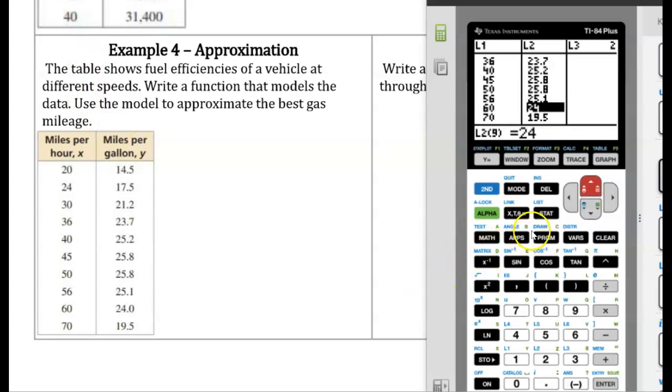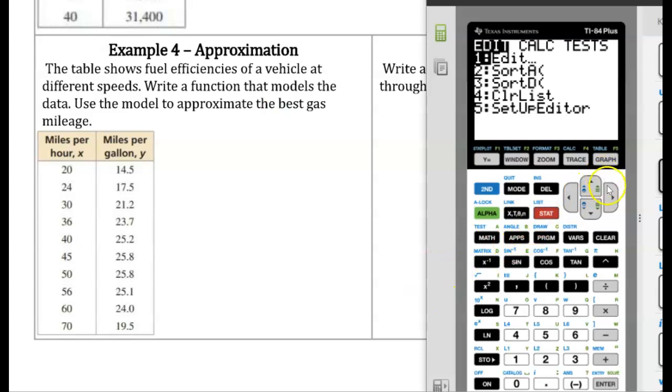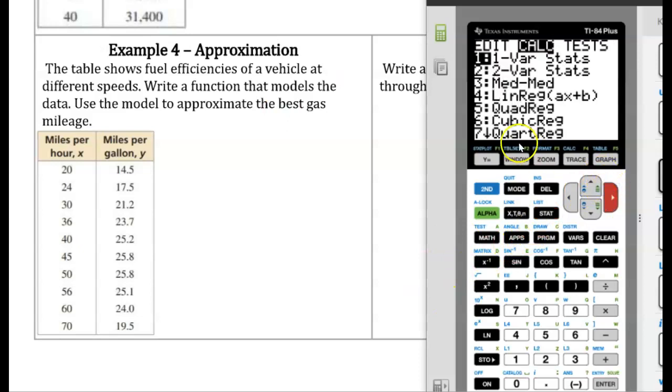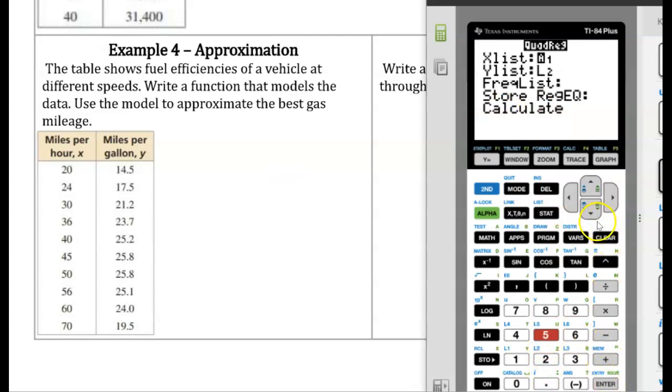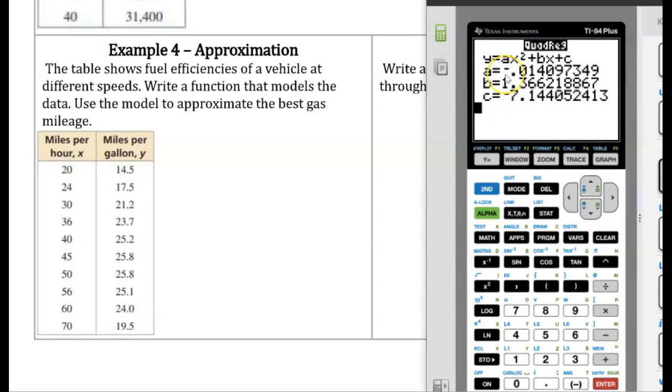Okay, I've got all my data in, so I'm going to press stat. I'm going to go over to calc, and then I want the 5th one, quadratic regression. I go down to calculate. We're approximating here, so let's just round everything to 2 decimal places.